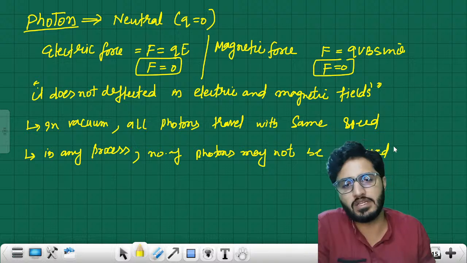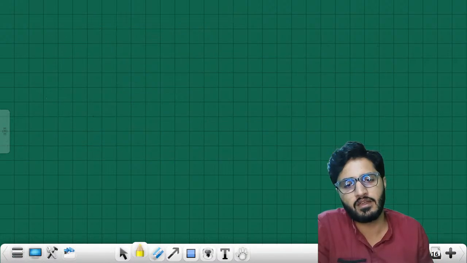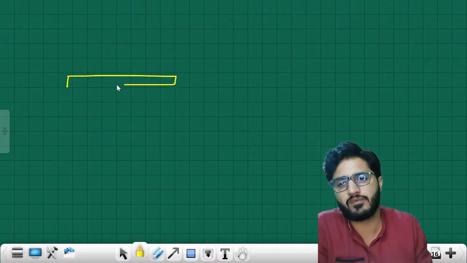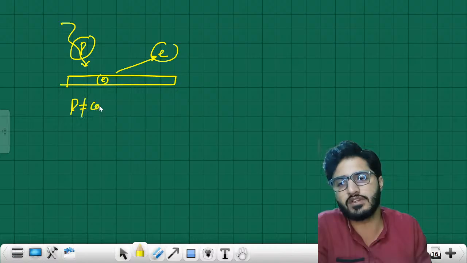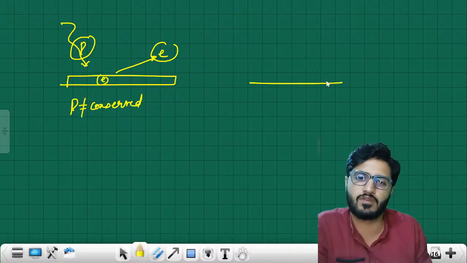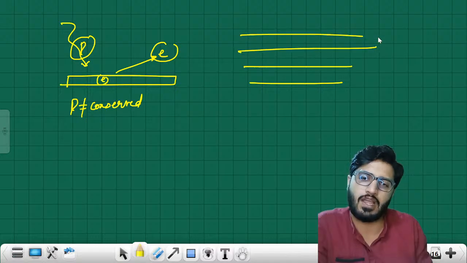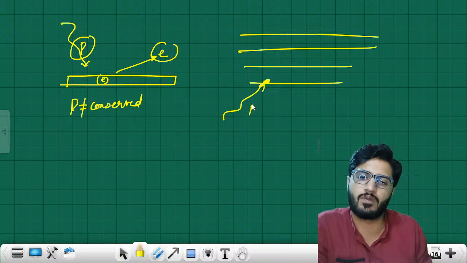Let me make you understand the last point. Suppose we have a metal, a photon strikes the metal, and an electron gets ejected. So we are giving a photon and getting an electron, so here the photon is not conserved. Now consider energy levels: we give a photon, the electron goes up to a higher level.